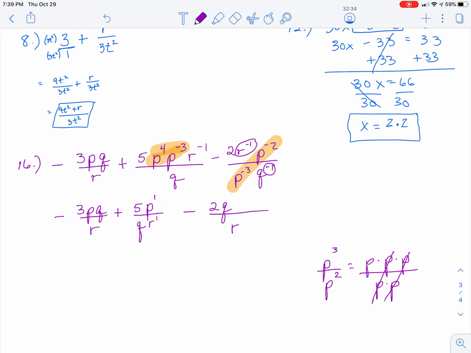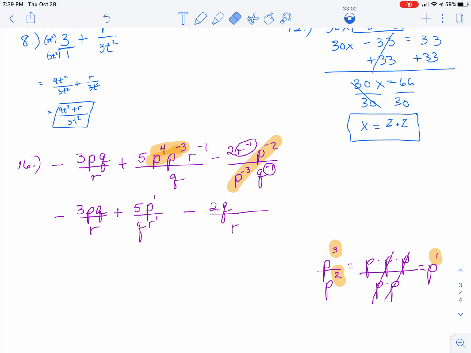If I canceled those out, I'm left with 1p on the top, right? So p to the first power, or just p. Well, look at the exponents. A 3 and a 2, and I end up with a 1. So it stands to reason that if I add my exponents when I'm multiplying a variable with the same base, then I would subtract my exponents if I'm dividing. So 3 minus 2 is 1.